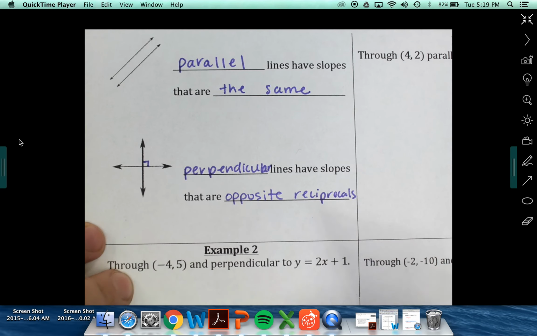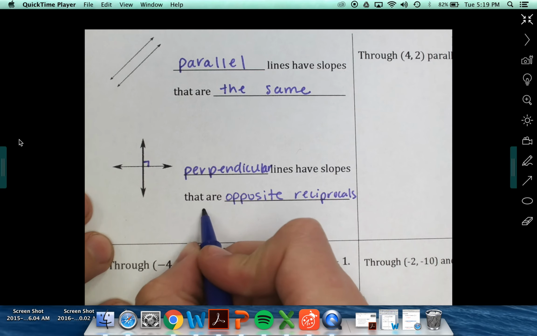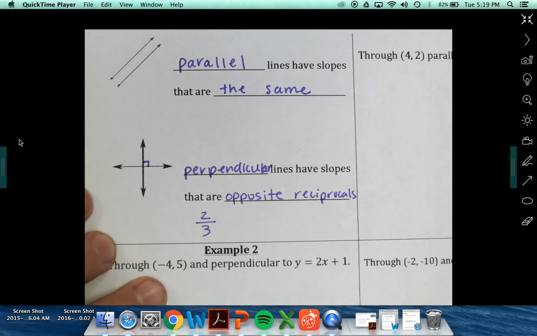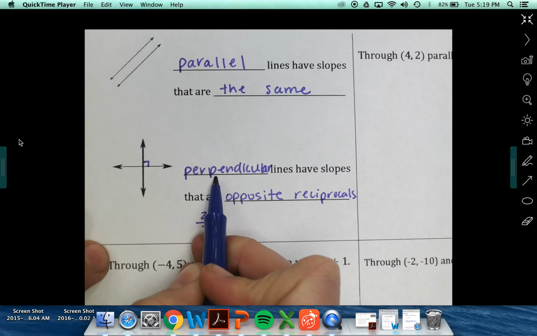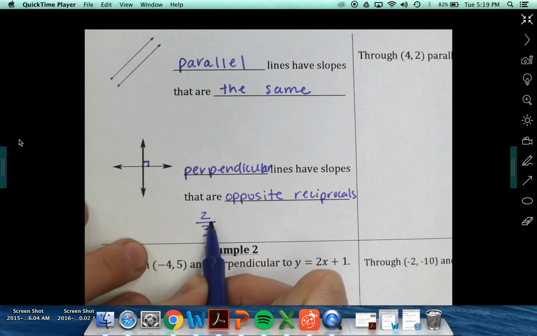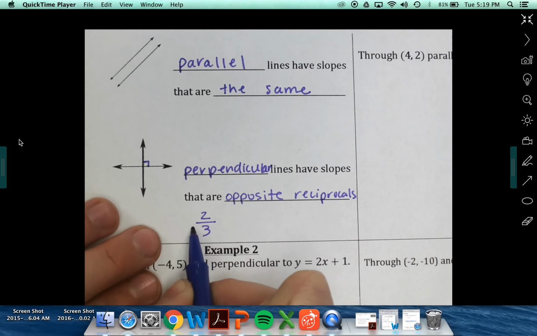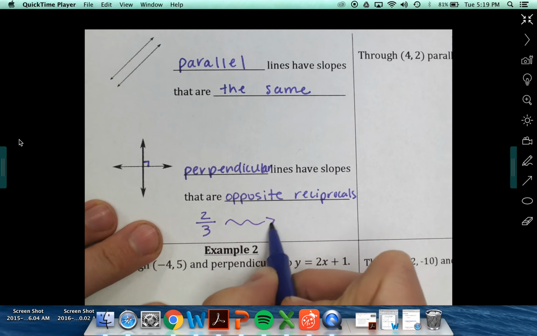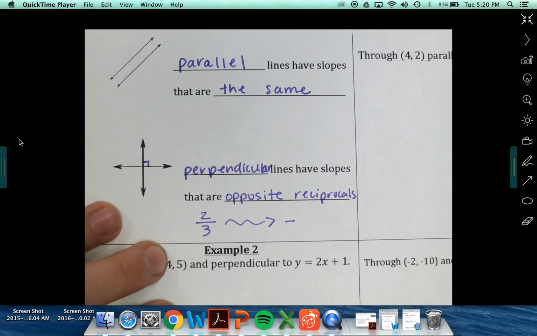And here's an example. Say a slope is 2 over 3. If you're talking about a line that's perpendicular, it's going to be the complete opposite of this. So not only is it going to go from positive to negative, it's also going to flip.